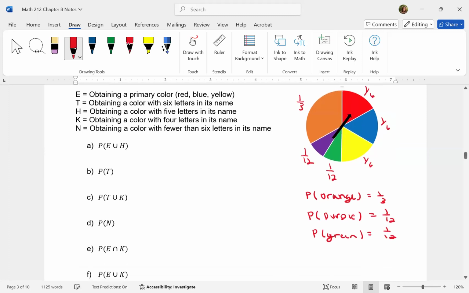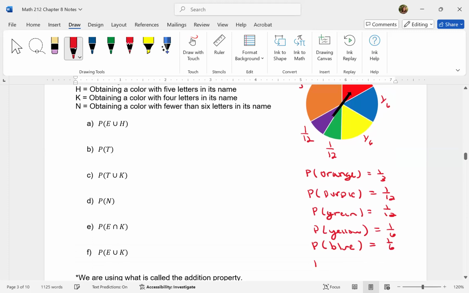Probability of yellow, red, and blue are all 1/6. And I do want to note, because they all are all possibilities, these should all add up. If we add all these fractions together, it should add up to 1, for 100%. I just want to point that out. Okay, now let's look at the events that we're interested in here.